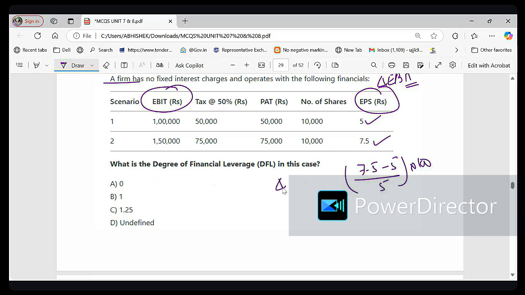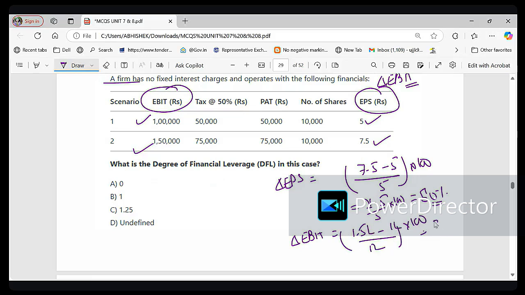This is 2.5 upon 5 into 100, so it is 50%. How much is the percentage change in EBIT? Earlier it was 1 lakh, later it became 1.5 lakh. So 1.5 lakh minus 1 lakh upon 1 lakh multiplied by 100. It is also 50%.